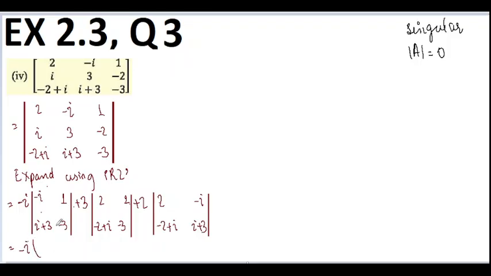So minus iota into minus 3, minus iota gives us 3 iota, minus into iota plus 3 into 1 gives us iota plus 3. Just wait for a while, these are square brackets, okay?